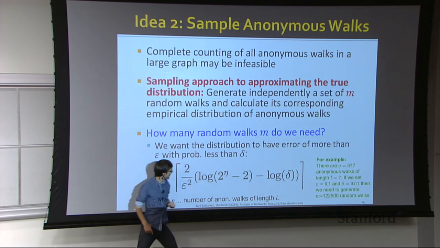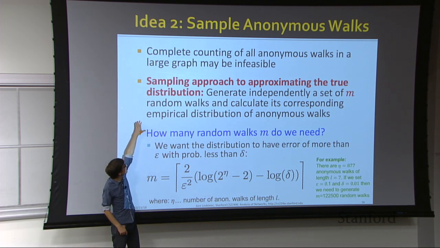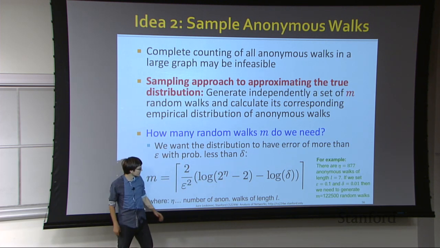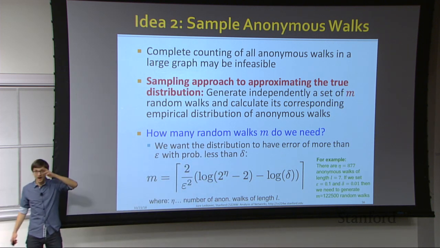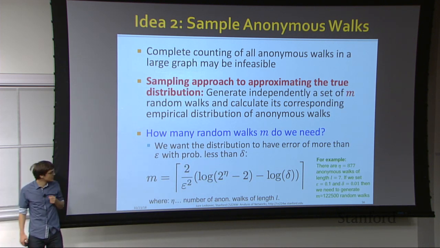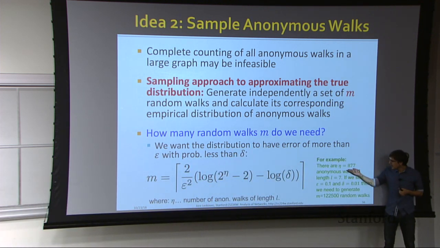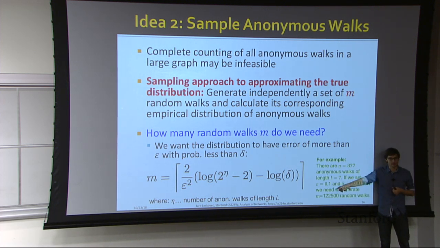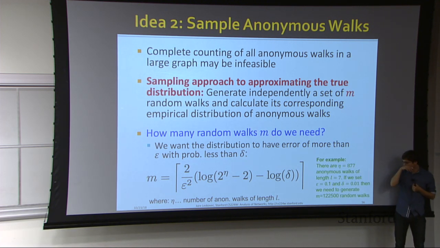Here is again the formula that tells you how many walks you need to sample to estimate the distribution accurately. Now, eta is the number of possible anonymous walks of a given length L. This is the bar chart with green bars that I showed before. To give you an example, there are 877 anonymous walks of length 7, so almost 900 of them.